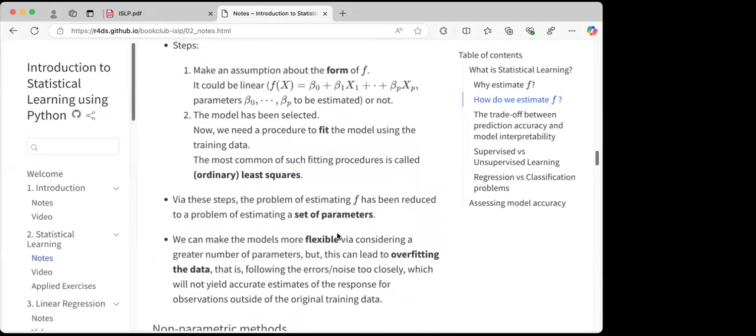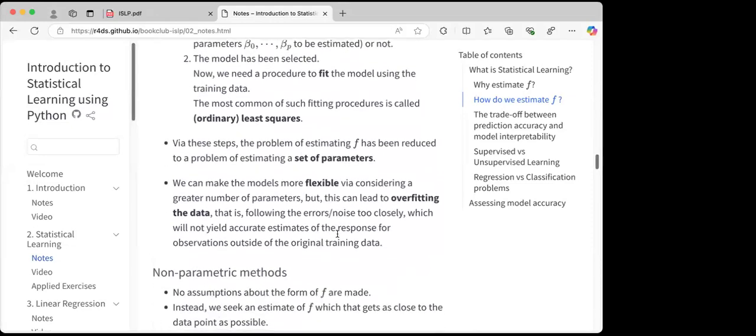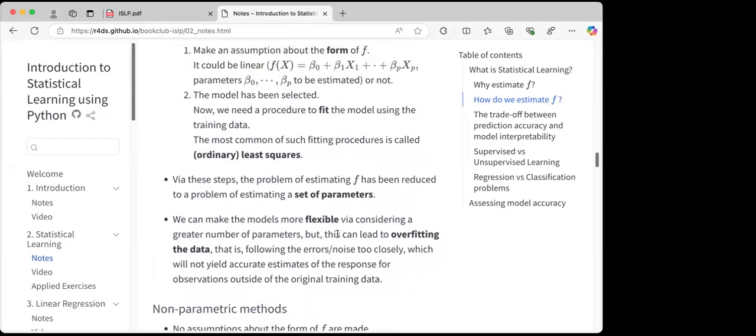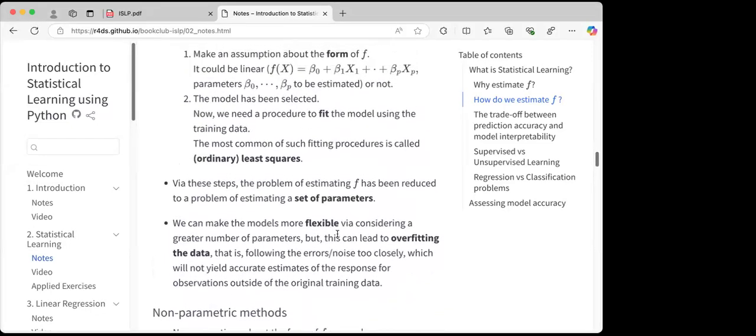Basically that's it for the parametric method. The key takeaway is we make an assumption about the functional form of F, and then we look at the most suitable estimator to estimate F.